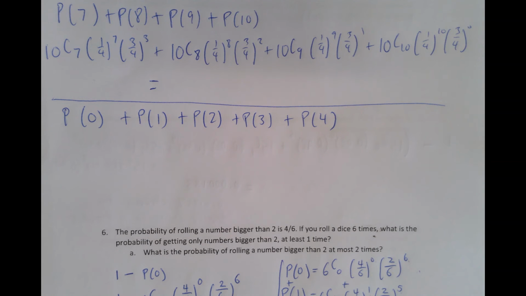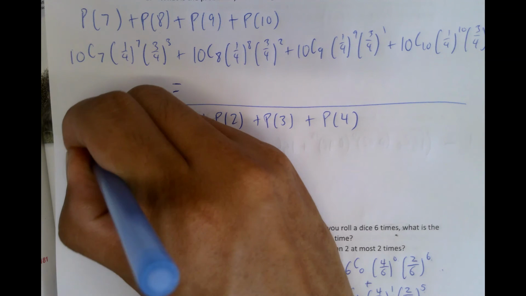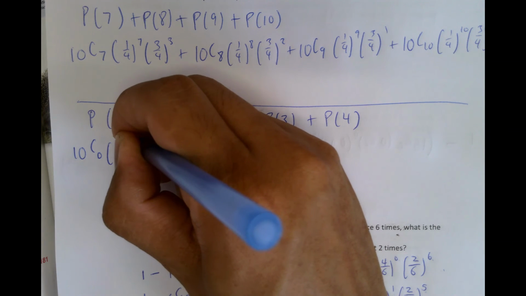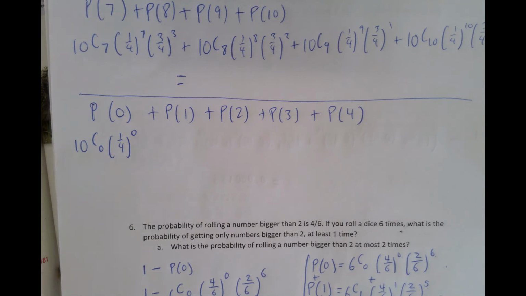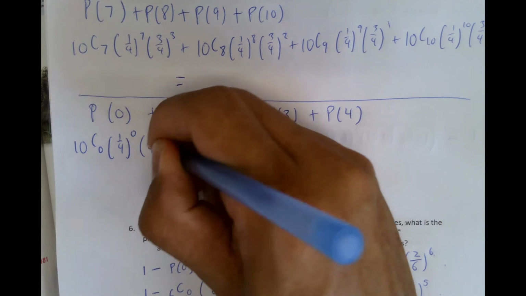Okay. So if you were to write this out, then this would be 10C0 times 1/4 to the 0 power, because in this case, we're going to draw 0 hearts, right? Times 3/4 to the 10th power.